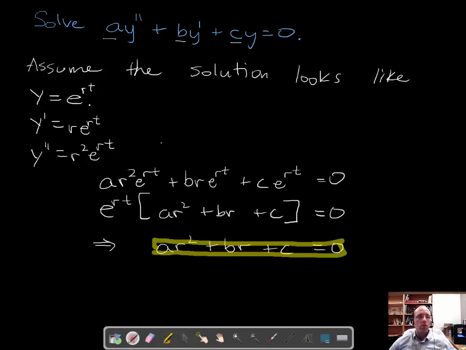Alright, so what would that look like? Well, let's try a problem. So for this problem, let's solve y double prime plus 3y prime plus 2y equals 0.